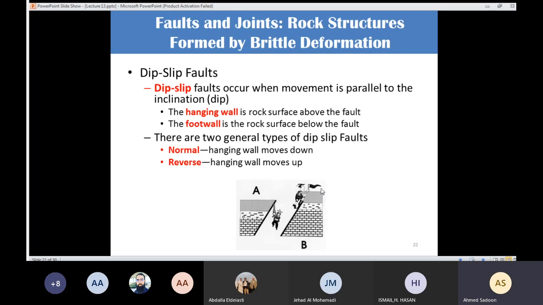So I'm going to call this the foot wall block. So this one is the foot wall block, and that one is the hanging wall block. And the hanging wall is the rock surface above the fault, while the other one, the foot wall, is the rock surface below the fault.